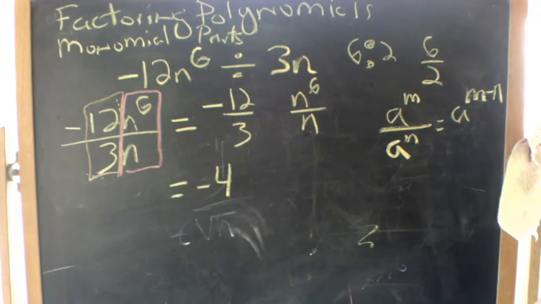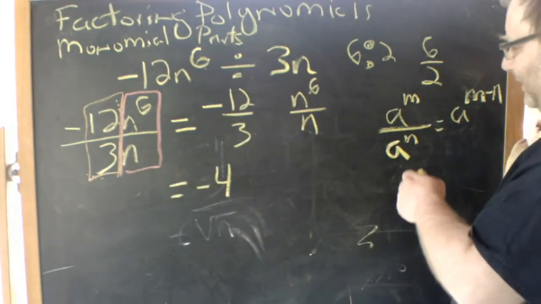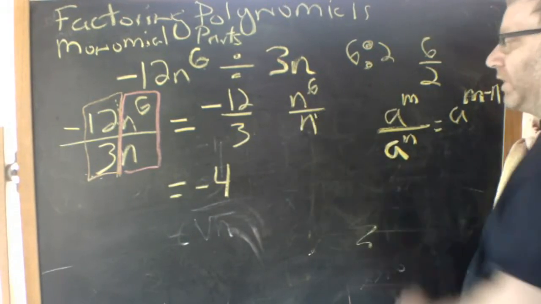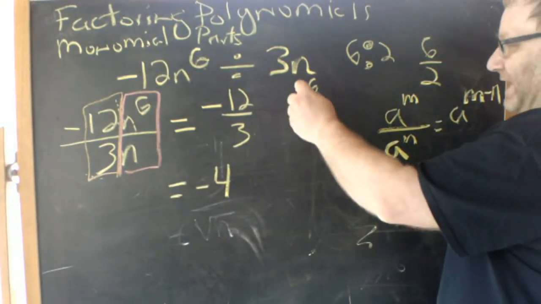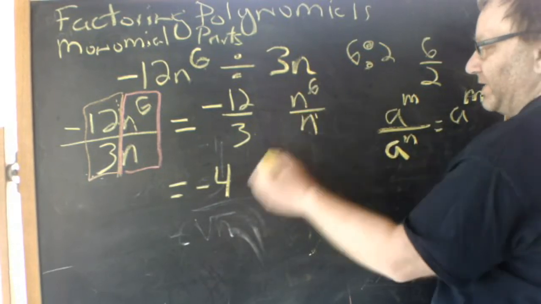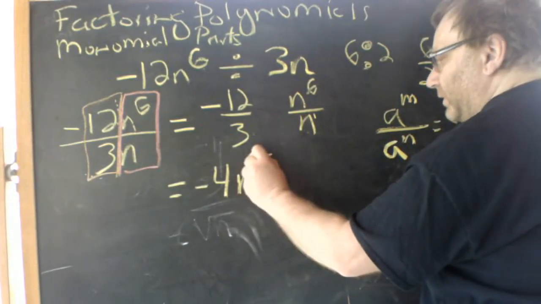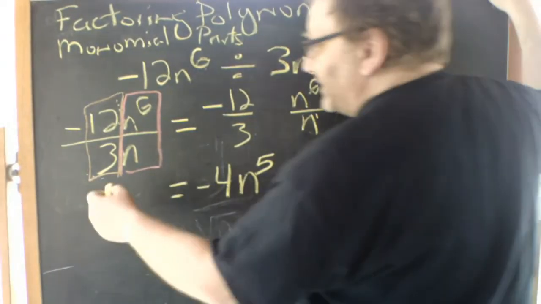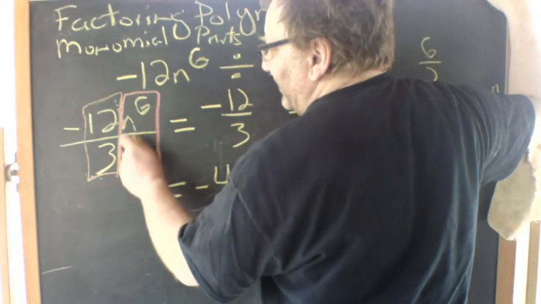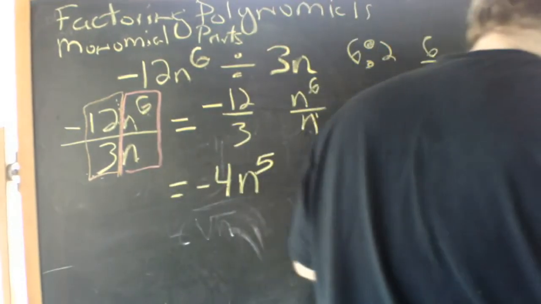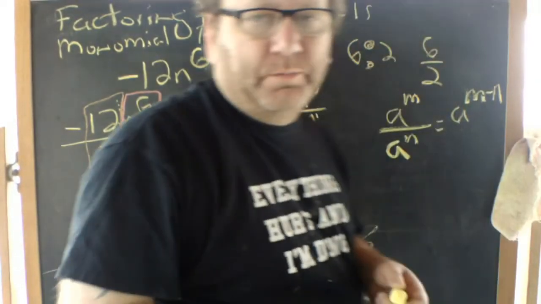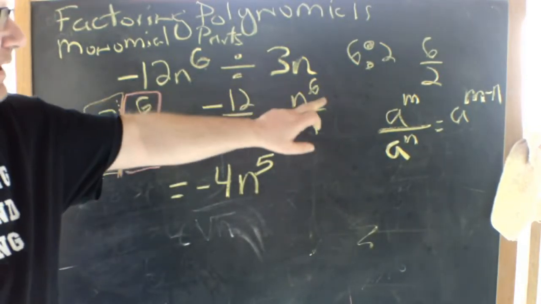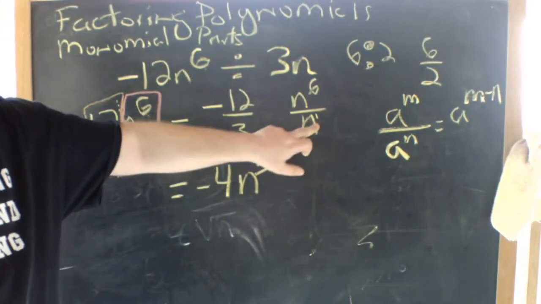I don't think well. So I have 6 here. Remember, this is n to the 1. We never talk about the first power. So my n is 6 minus 1, or n to the 5th. And so when we process these monomials, we count how many times we're multiplying our variable, and we subtract from the upper power the lower power.